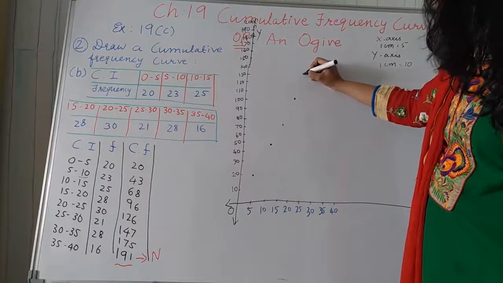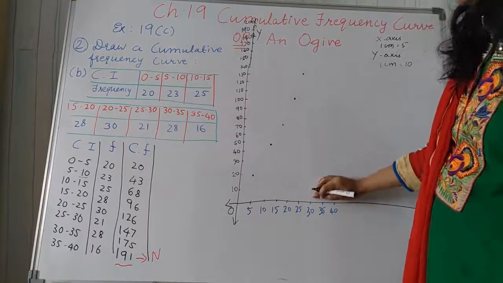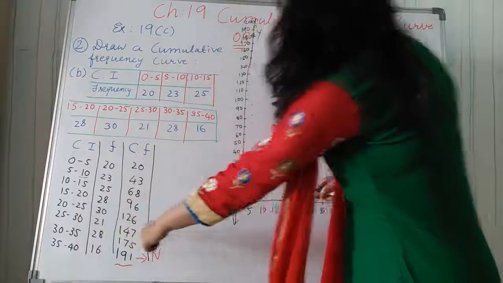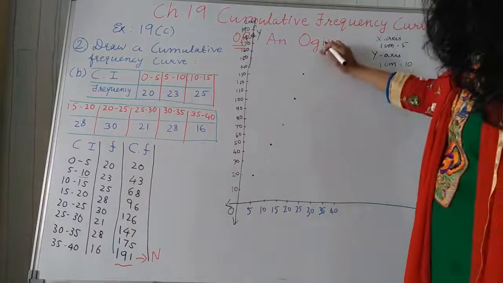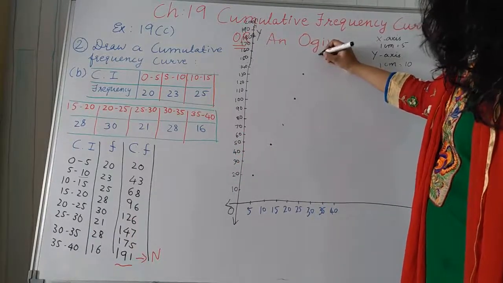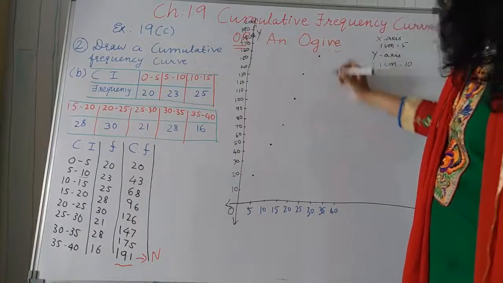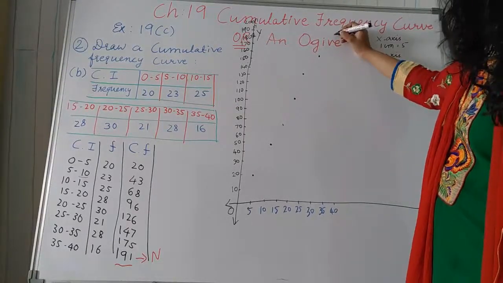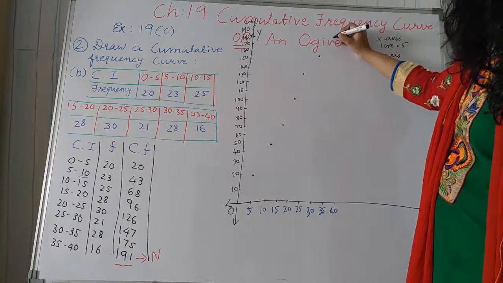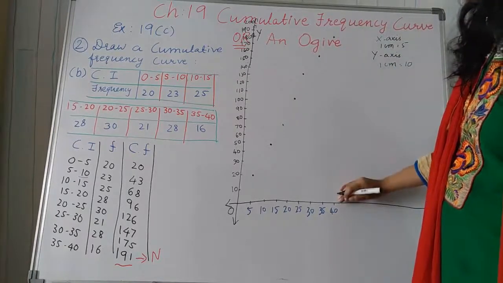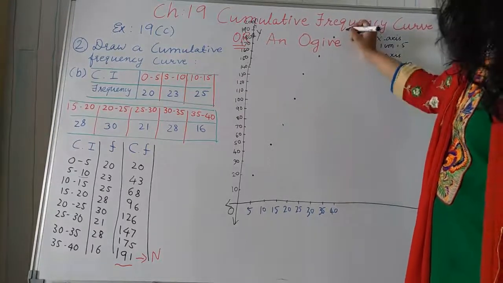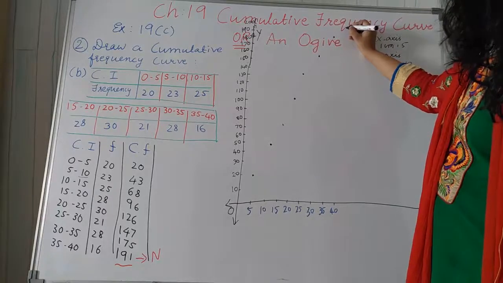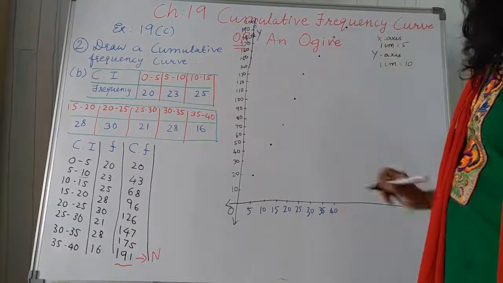Here we get 30, 147. 30 will be 147 here. 35, 175. 175 here. And 40 is the last, 191, which is after 191 lines.